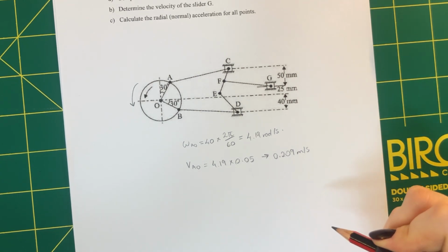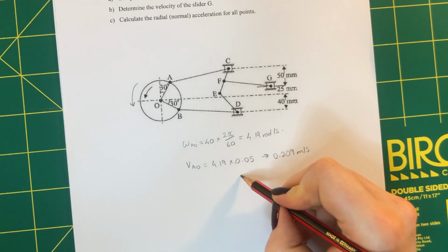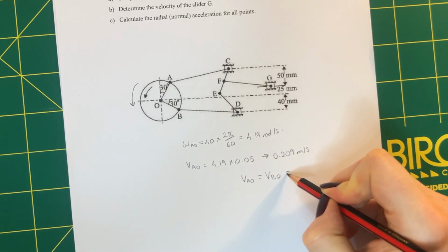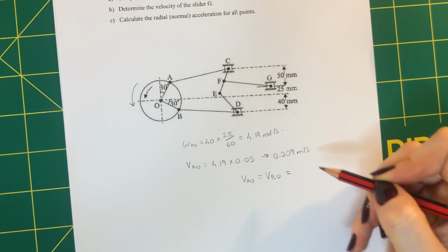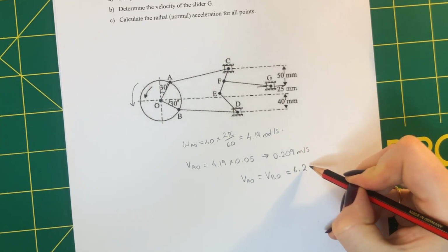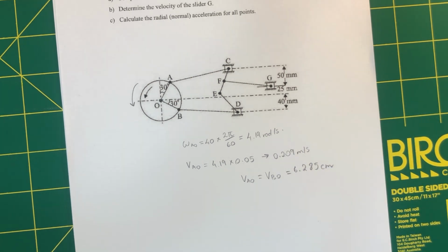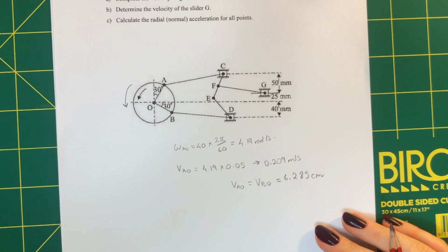Converting this with the scale that's given, we can find the velocity of AO, which is equal to the velocity of BO, because they're both rotating at the same speed, is 6.285 centimeters. So that is the length of our two lines.